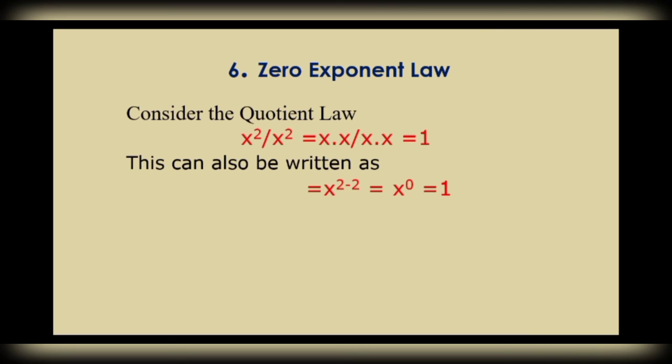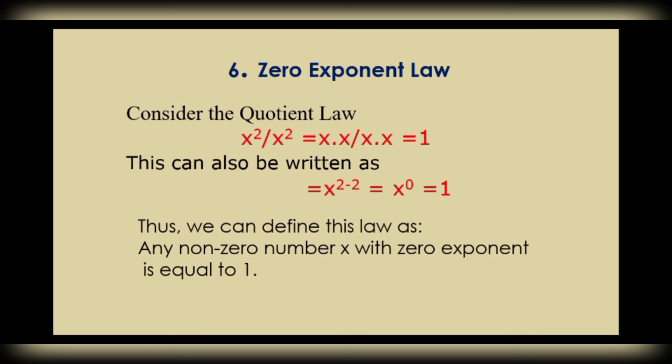Bases are the same, so we subtract the exponents. 2 minus 2 is 0. So the answer is x to the power of 0. From above, this value is equal to 1. Thus, we can define this law: any non-zero number x with 0 exponent is equal to 1. Means x to the power of 0 is equal to 1.